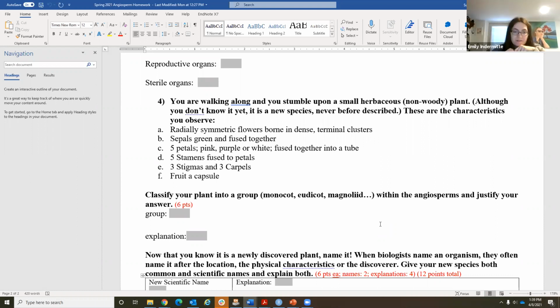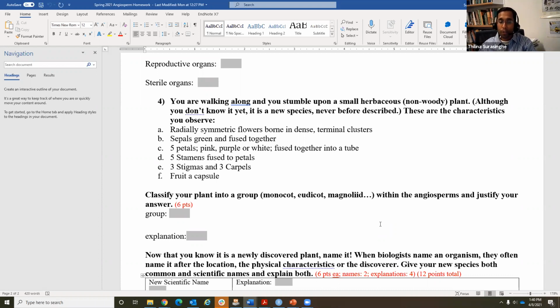And what does it mean by the stamens are fused to petals? Meaning sometimes you can completely remove the stamen from the flower receptacle. Generally it's directly attached to the receptacle, the flower stalk, but sometimes it's attached to the petals instead.